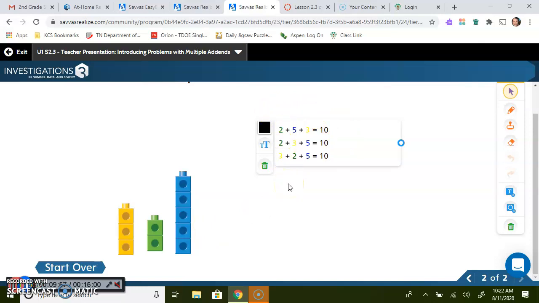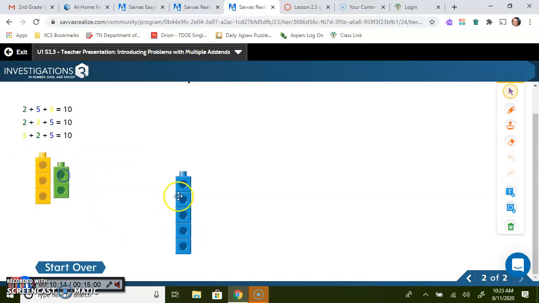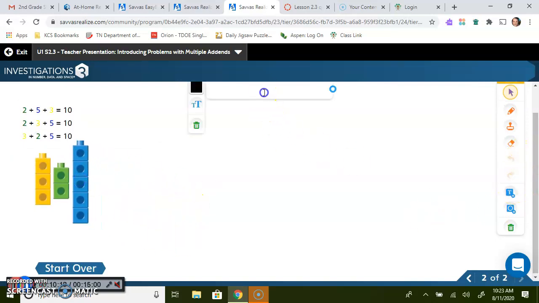The number strings that we're going to be working on today are very similar to these problems that have multiple add-ins, which means I'm adding more than two numbers. Multiple means several. So I'm going to move this over to the side, and we're going to ignore these cubes for a second. I'm going to put a type of problem up here that you may see.